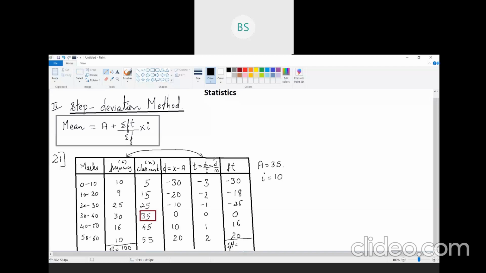And here we have sigma ft. So sigma ft here this will be plus 36 and these values will be minus 73.